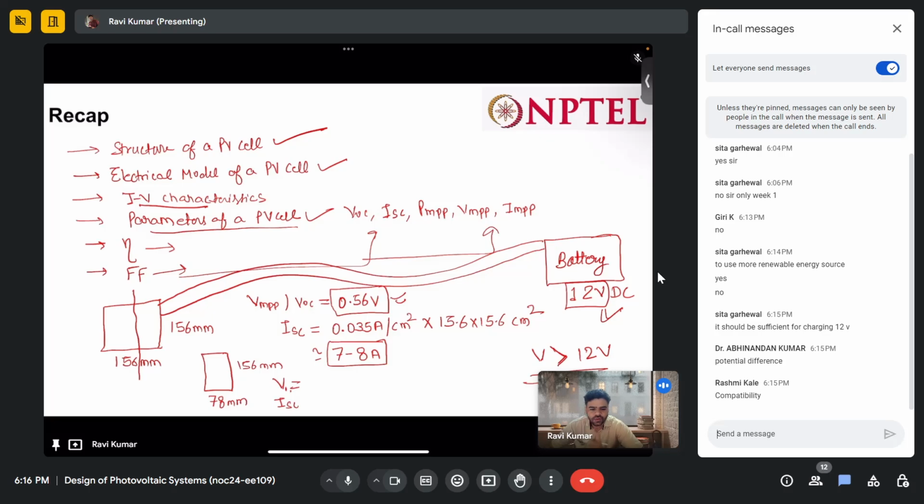We have seen for a complete solar cell, voltage will be 0.56 volt, current will be 7 to 8 ampere. But for a half cut cell, what will be the voltage, VOC and ISC? We are cutting a solar cell in two parts.